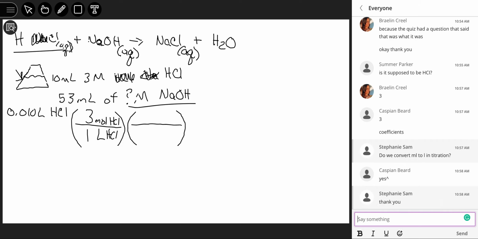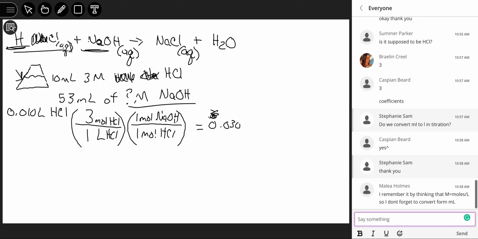All right, so we have 1 mole HCl, and that's coming from the coefficients here, 1 mole NaOH, and then that's going to be 0.030 moles of NaOH.